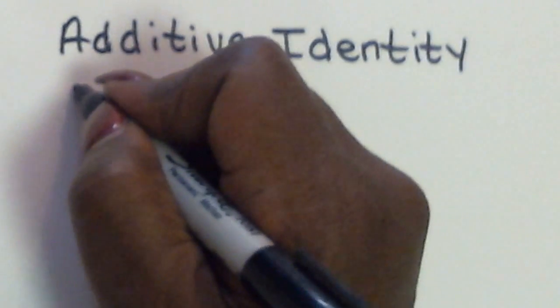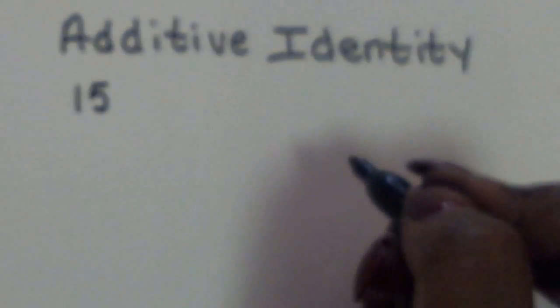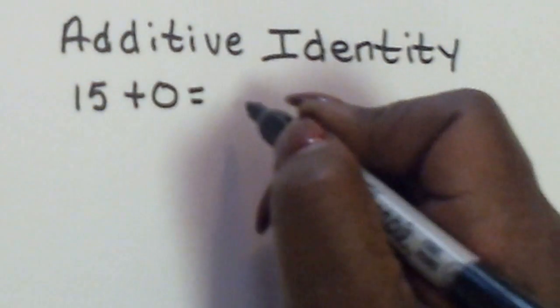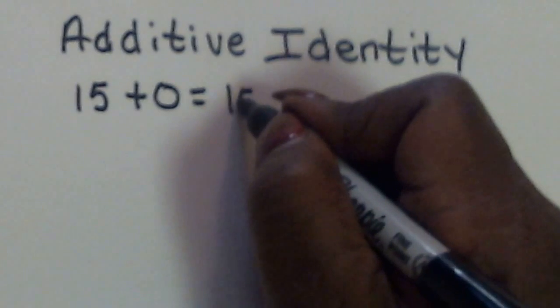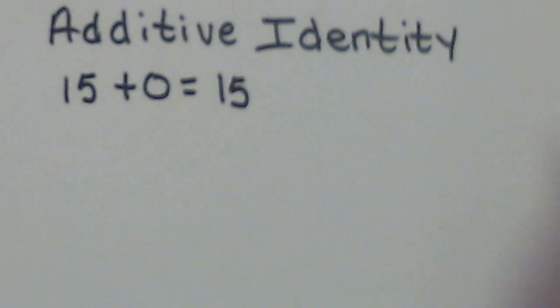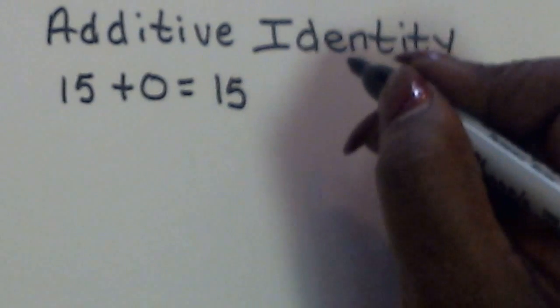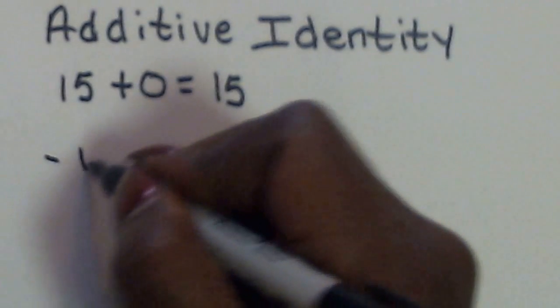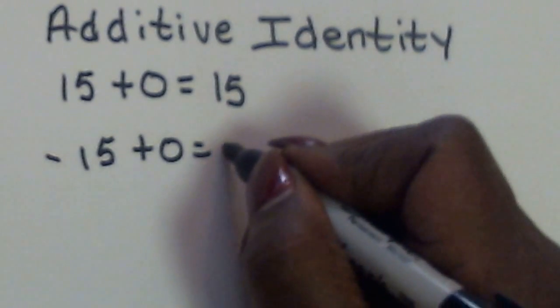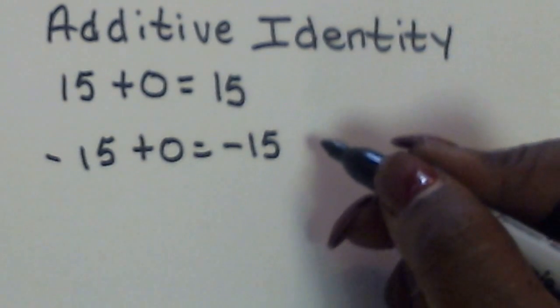So if I had the number 15, if I added 0 to it, I will get 15. The number is unchanged. And it will also work with negative numbers. If I had negative 15, if I added 0 to it, I would get negative 15. It is unchanged.